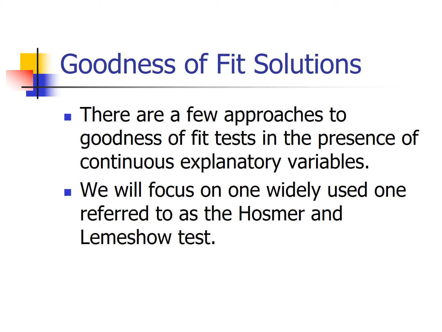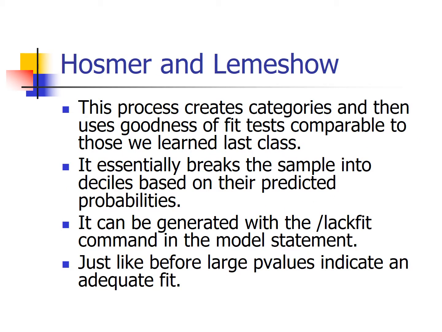There are a few different ways that we might tweak or come up with some variations of goodness of fit tests to accommodate continuous explanatory variables. We're going to focus on just one, the most widely used one, which is the Hosmer and Lemeshow test. The Hosmer-Lemeshow test is actually pretty ingenious.